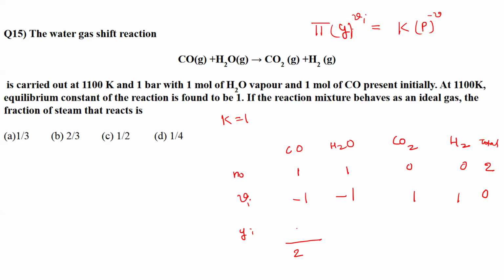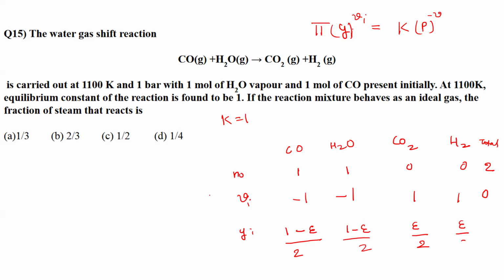So by 2, and this is 1 minus epsilon by 2, and here also 1 minus epsilon by 2. This is epsilon by 2, and for H2, it is epsilon by 2.